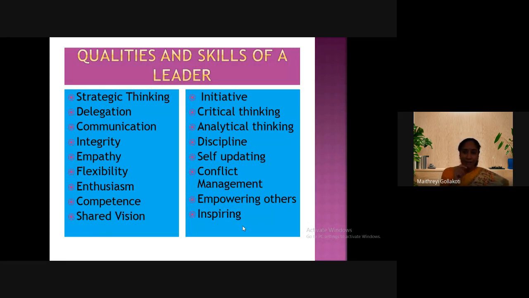Now, next is delegation. Now, it is not enough if we think. We should be able to delegate the task. We should know which task we should give to which person, isn't it? See, some people can do desk job very well. Some people can go out, talk with people very well. Some people can remember things very well. Some people can analyze things very well.